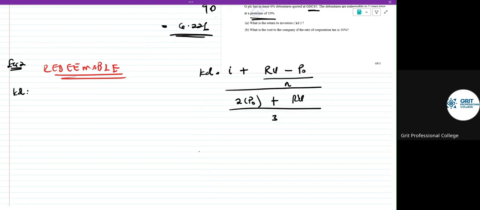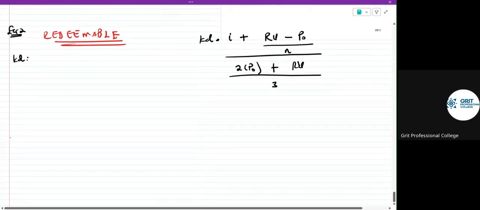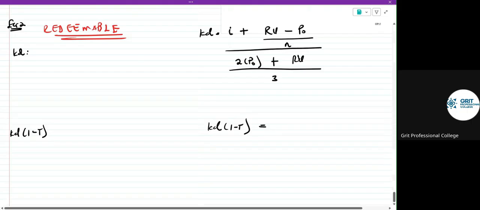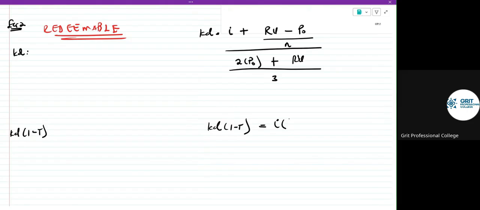But when it comes to the second one, which is KD(1 minus T) to the company, the difference is always with the coupon or the interest. This one will be the after-tax interest.